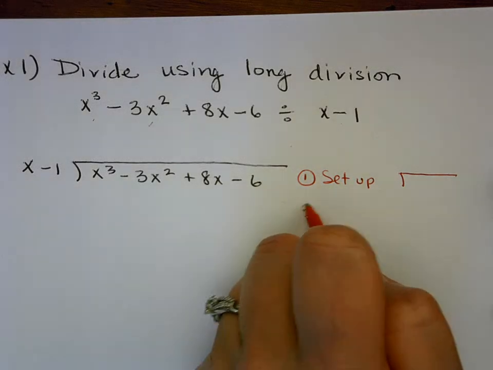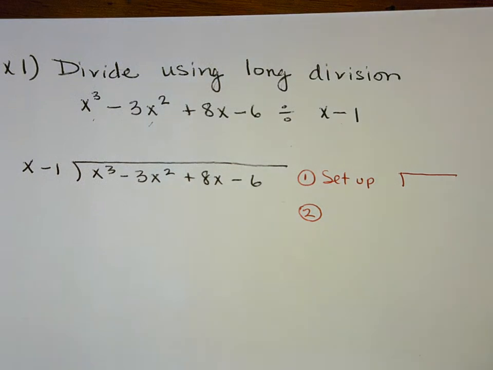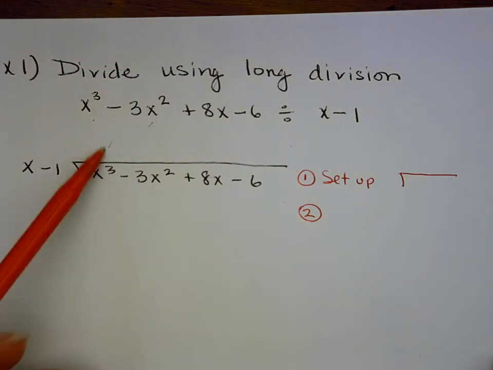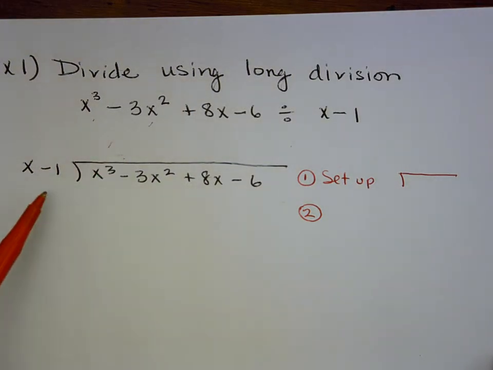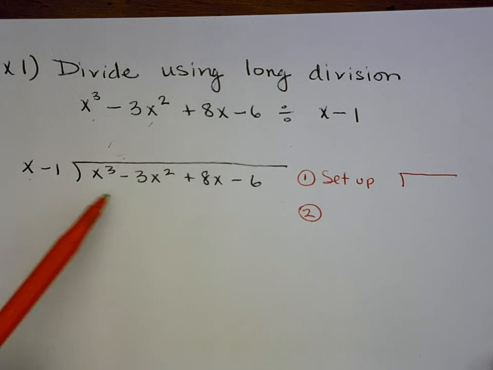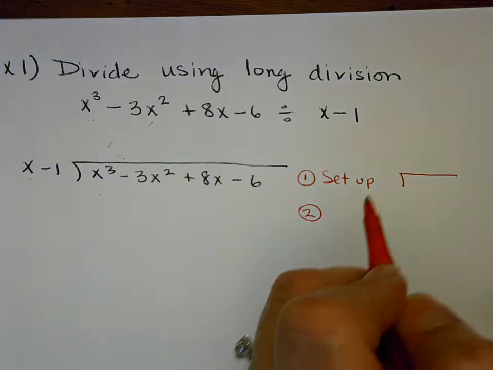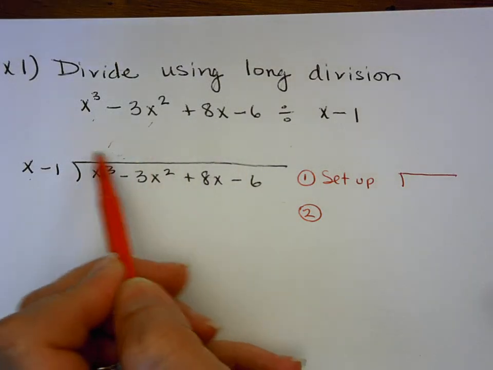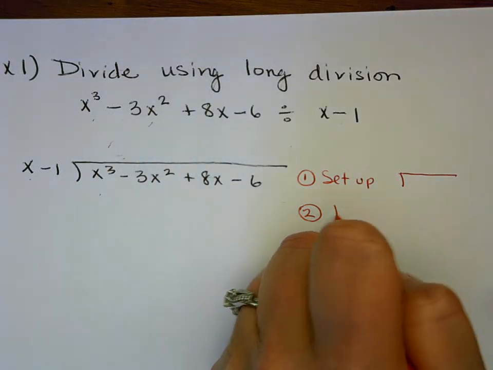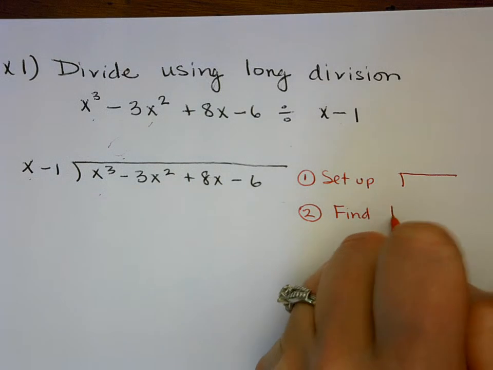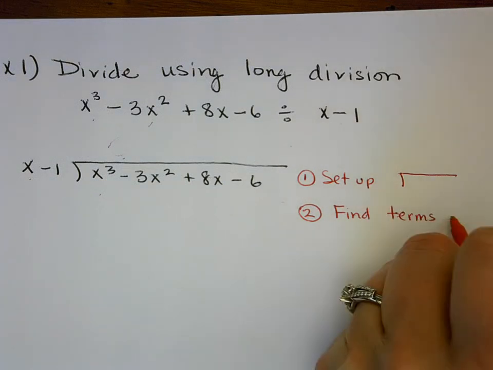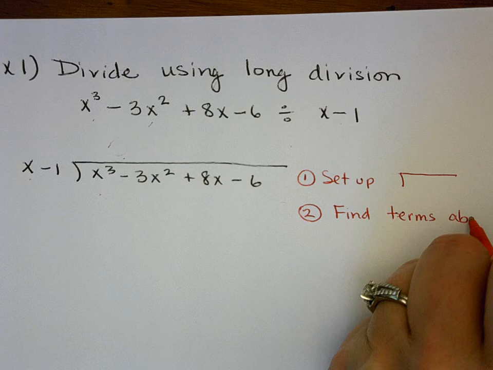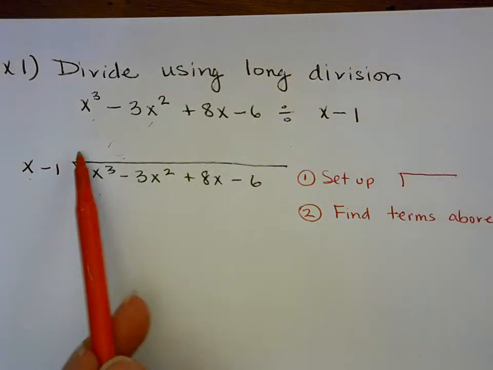And so now we need to figure out what number goes up here. What goes up here is what do I multiply x by to get x to the third, just like we did, what do we multiply our 3 by to get 3. So we're looking for our terms above. That means we're finding these things up here.